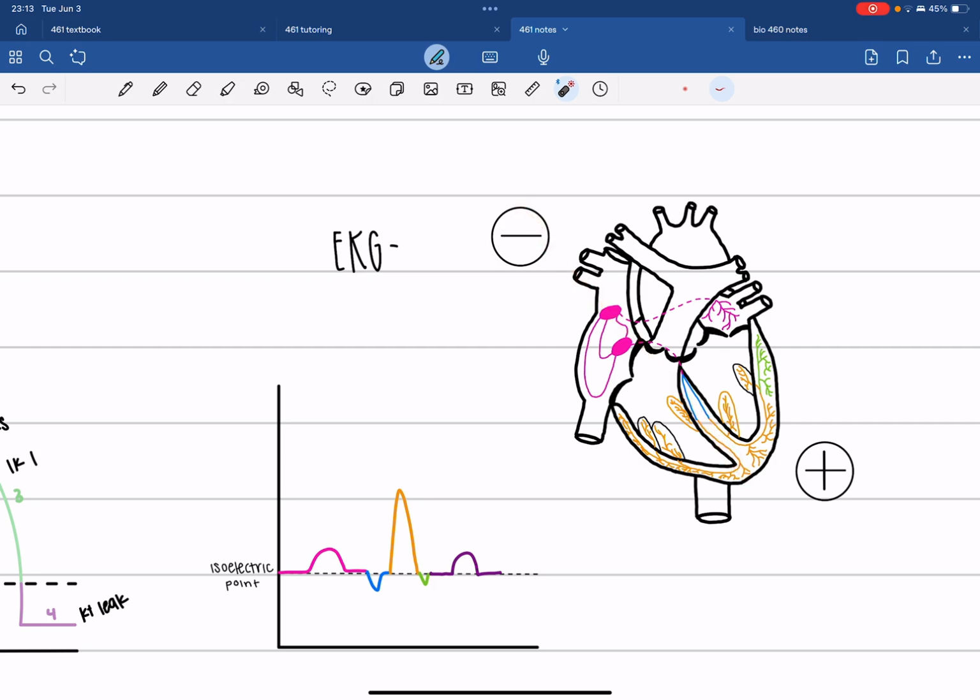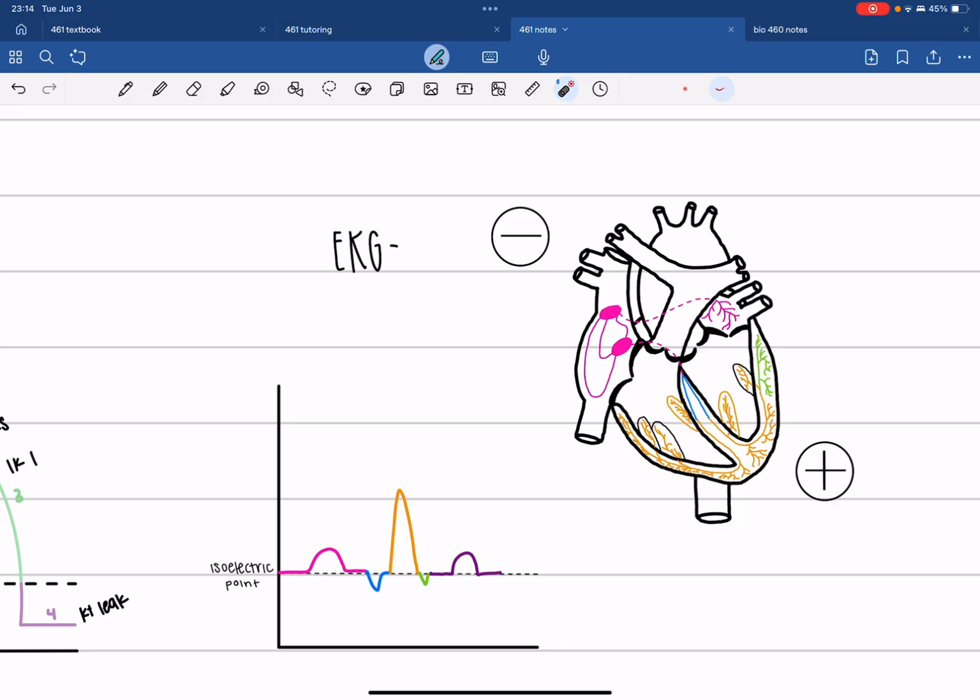So we measure how it's depolarizing this way. We can also add more leads going this way and all around like that. There's usually around 12 leads, but just for this exercise, we're just going to be looking at these two going from negative to positive right here. Because our heart depolarizes from the sinoatrial node all the way down and then up around like so, to cause that contraction to occur.